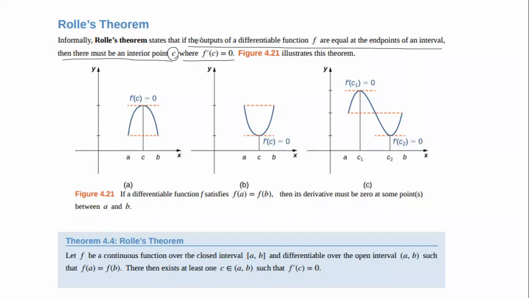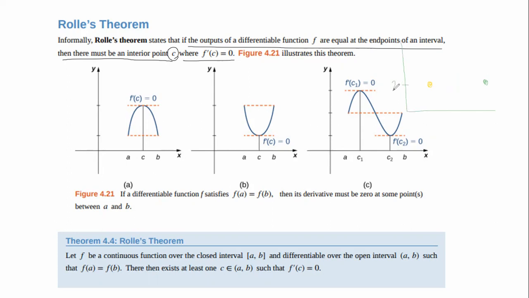This is that if we have the outputs of a differentiable function equal at the endpoints, let us say the output means there's a starting point. This is the starting point, and the second point is this endpoint. Here the value is 2.